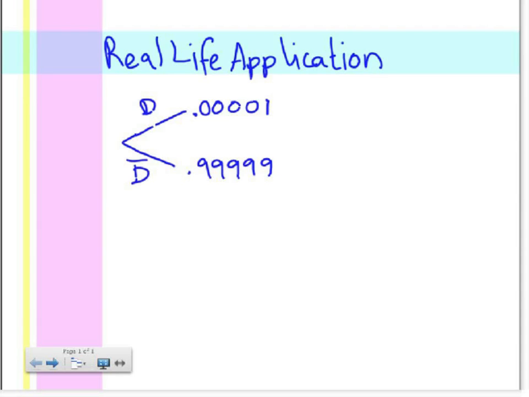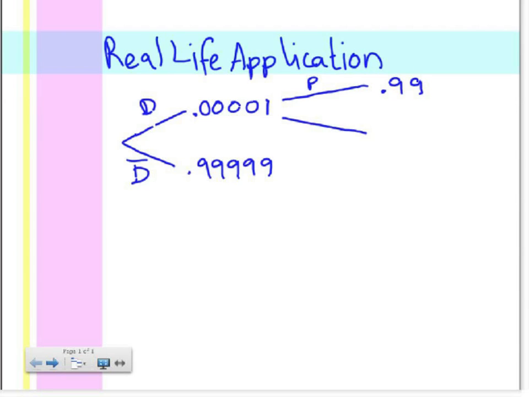Now we want to consider the case where these people actually get tested and their tests show up as being positive or negative. Generally our tests have gotten pretty good over the years. For people who do have the disease, they will test positive 99% of the time.